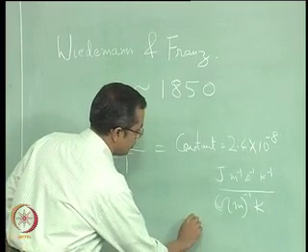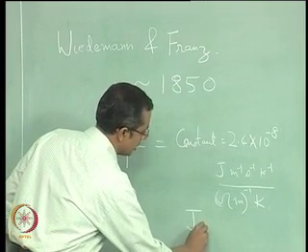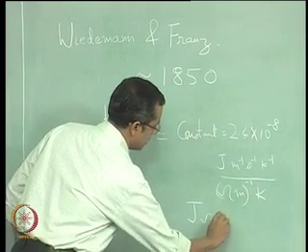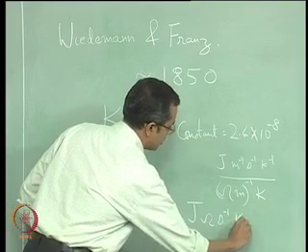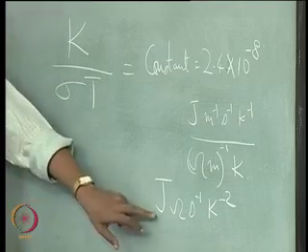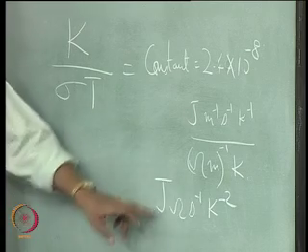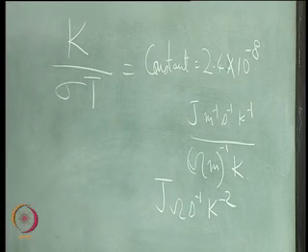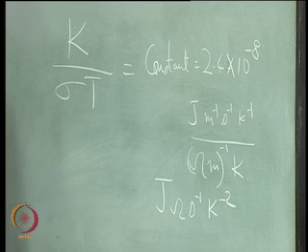So this would work out to joules ohm second minus 1 Kelvin minus 2, okay. So these are the units that you would get. So watts ohm Kelvin minus 2 is the unit you would have, and 2.4 times 10 power minus 8 is the value we are looking at, okay.